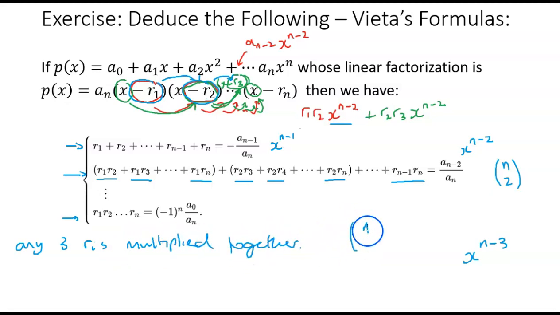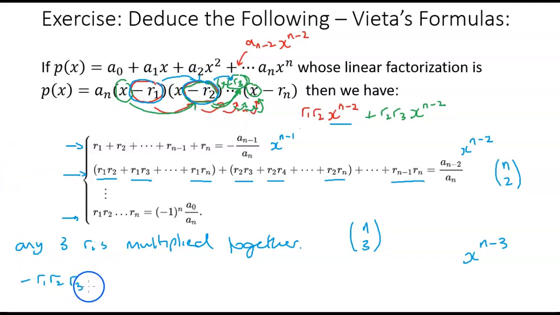There are going to be n choose 3 of them, and the first one could very easily be r1 r2 r3 times x to the power of n minus 3. And it's going to be negative, of course, because we're actually multiplying negative r1 times negative r2 times negative r3, so I should put a negative there.